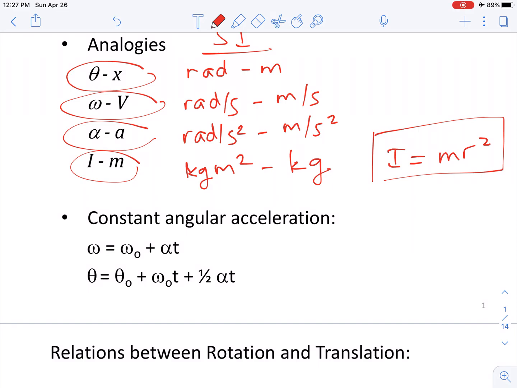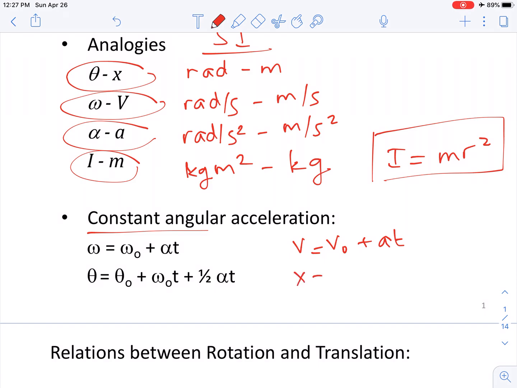Then we said that just like we did for constant linear acceleration, we can also apply the same thing for constant angular acceleration, as long as the acceleration is constant. You have very similar equations to the linear form. In linear form we had v equals v0 plus at, and here omega equals omega 0 plus alpha t.